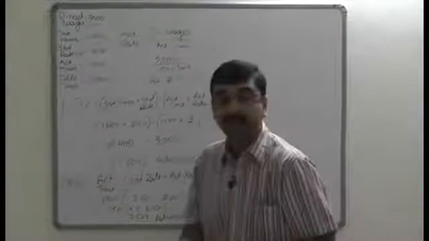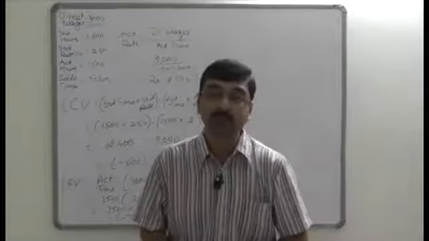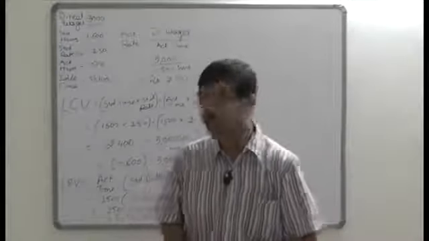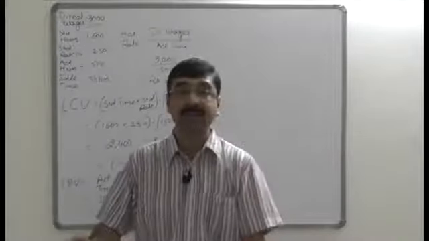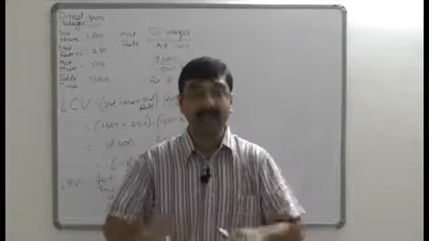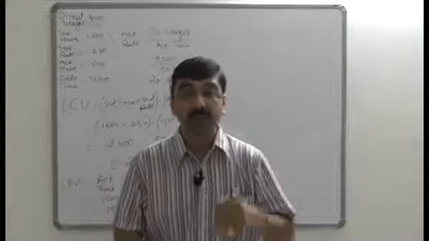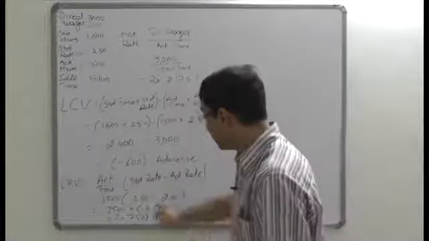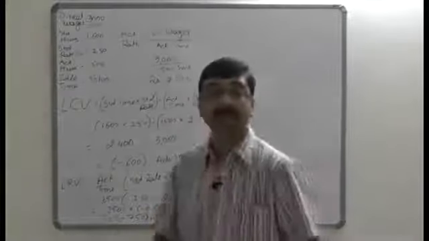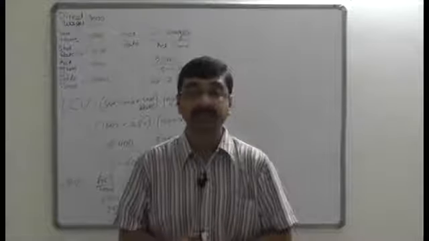So the labor rate variance also comes negative, and this shows the rate variance is not favorable, it is unfavorable because your actual rate is higher than the standard rate.